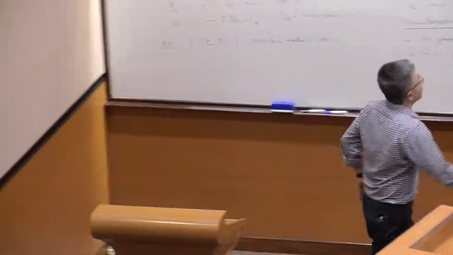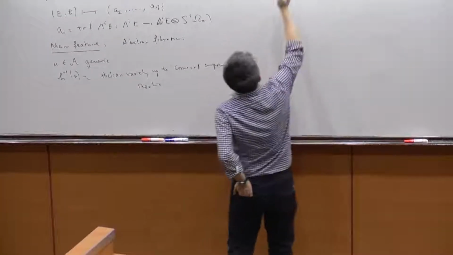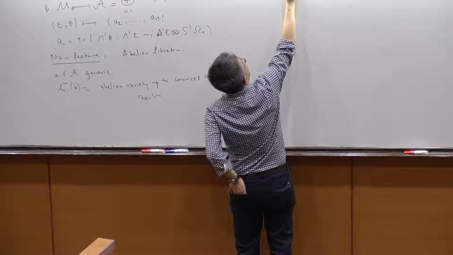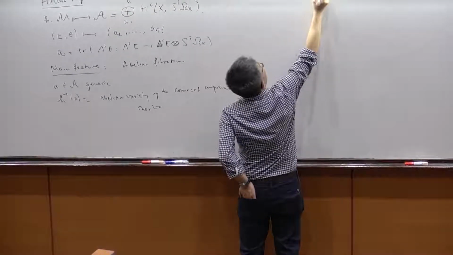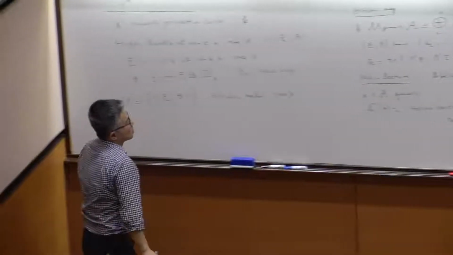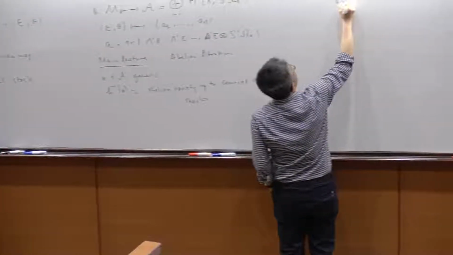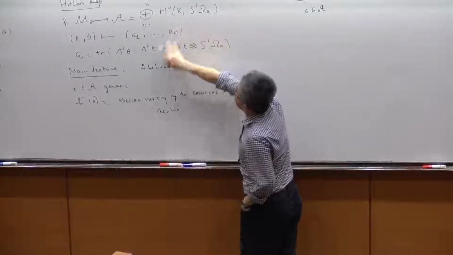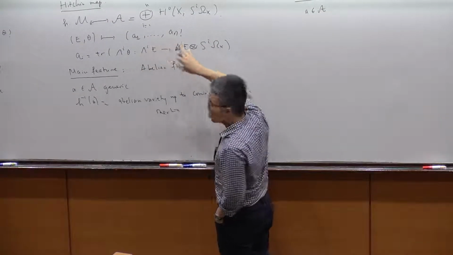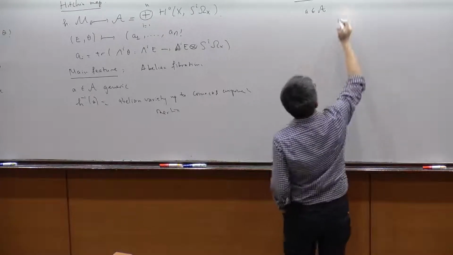So how to describe the fibers? The way Hitchin understood it is very elementary, very elegant. It's called the spectral curve. So how can you prove this in the curve case? Hitchin defined what's called the spectral curve for every a in A. For any coefficient of this characteristic polynomial, you can define a curve that is the spectral equation.